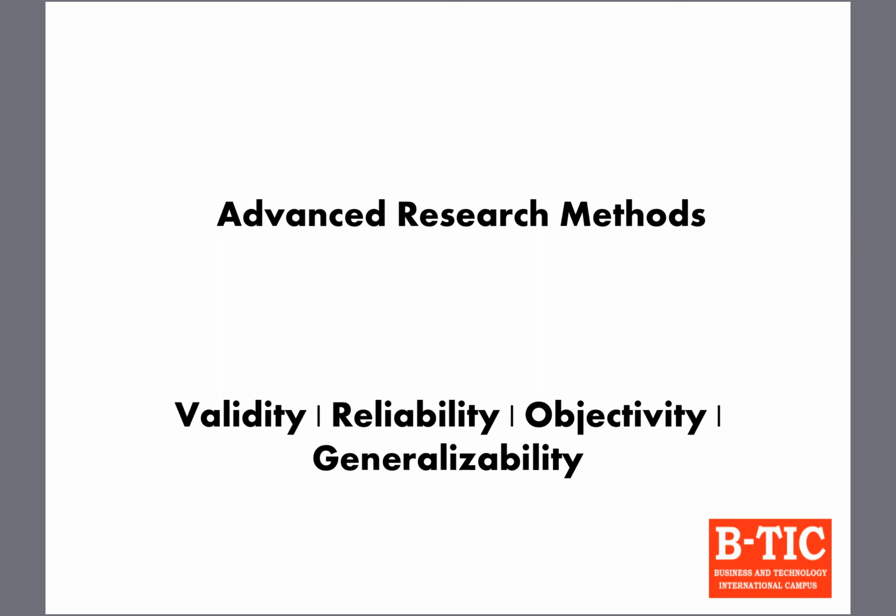Let me take one example to exemplify one of those things. Let's take generalizability to understand what I'm trying to say. So the meaning of generalizability is this: if you do a research for a society, you don't test every single one.